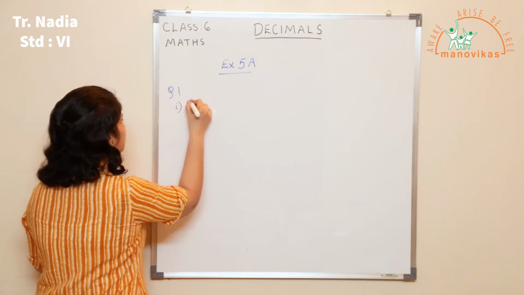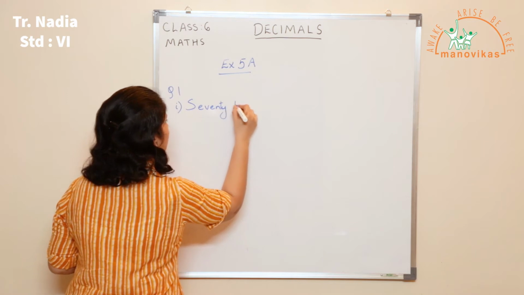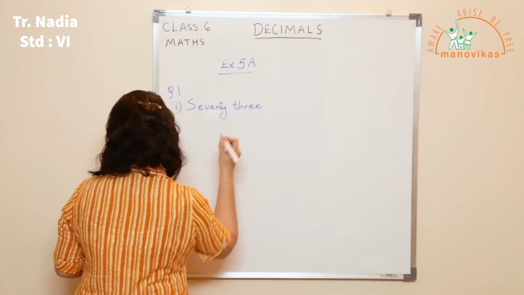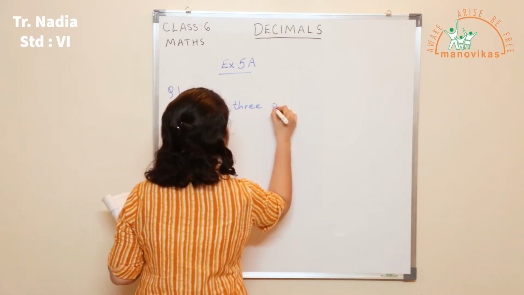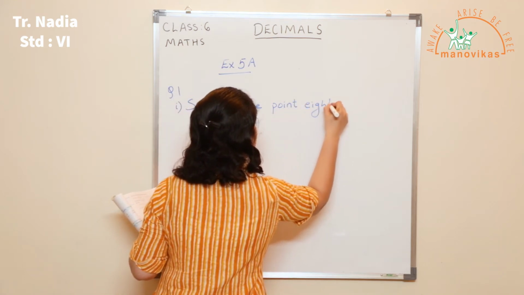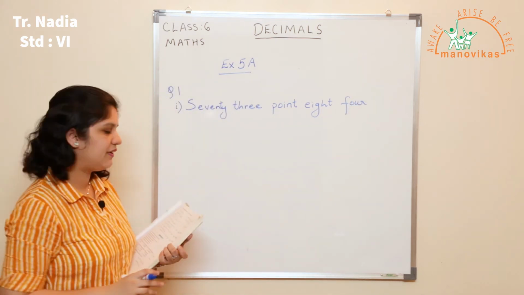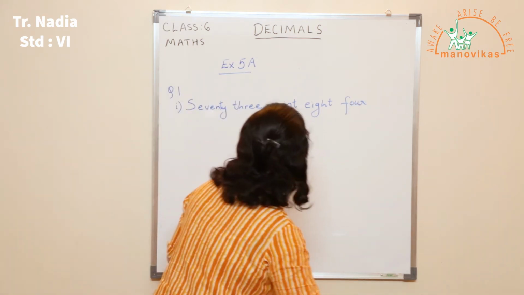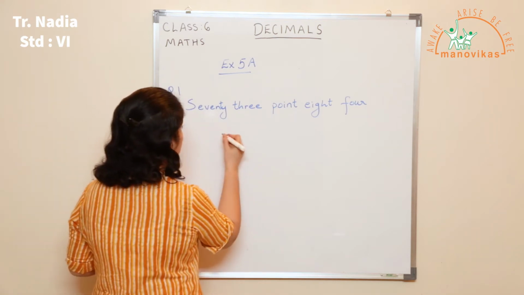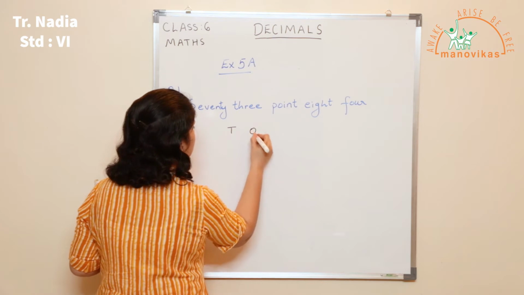The first one is 73.84. Okay, you're given the number name, you have to write in figures. Now you can write the place values first. 73, so there are tens and ones.